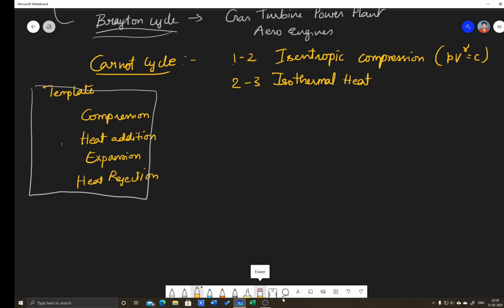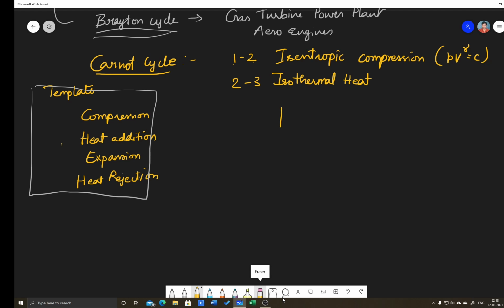That means heat will flow from a higher temperature body to a lower temperature body. That is not reversible because heat always transfers from a higher temperature body to a lower temperature body. If you have to take that heat back to the higher temperature body, you require a work input. That is why we are doing it as an isothermal process.